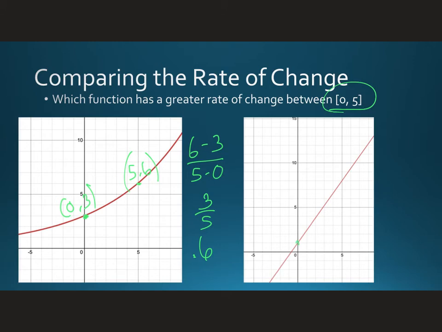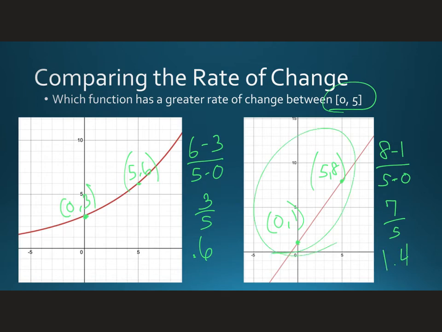And over here I have (0, 1) and (5, 8). So I have 8 minus 1 over 5 minus 0 gives me 7 over 5, which is 1.4. So this one has the greater rate of change between these two.